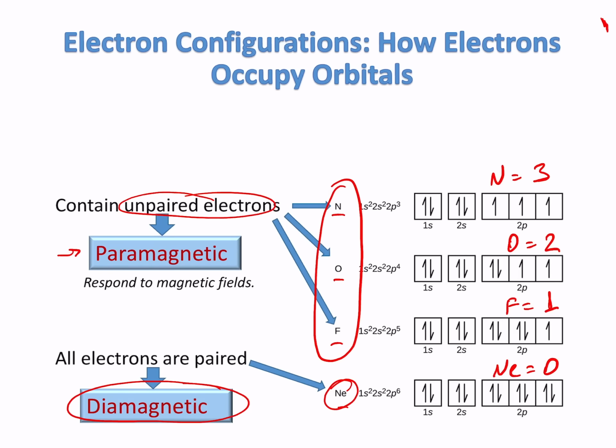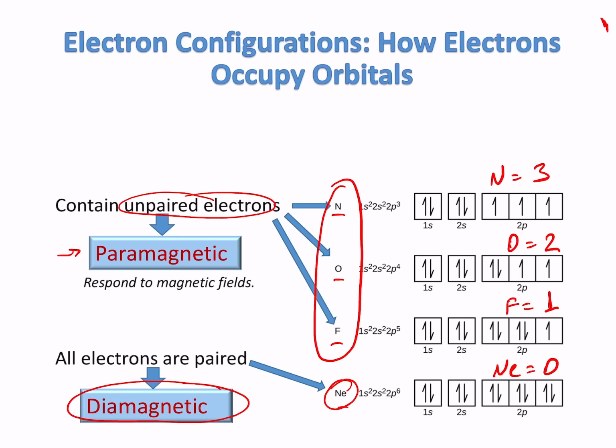So that is the main difference between paramagnetic and diamagnetic. Paramagnetic requires the presence of unpaired electrons, and just one will do. Even if you have only one unpaired electron, that will give paramagnetic properties to that element.